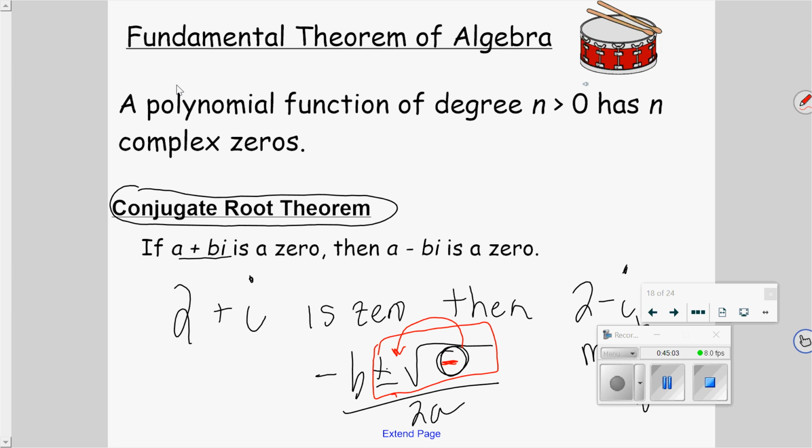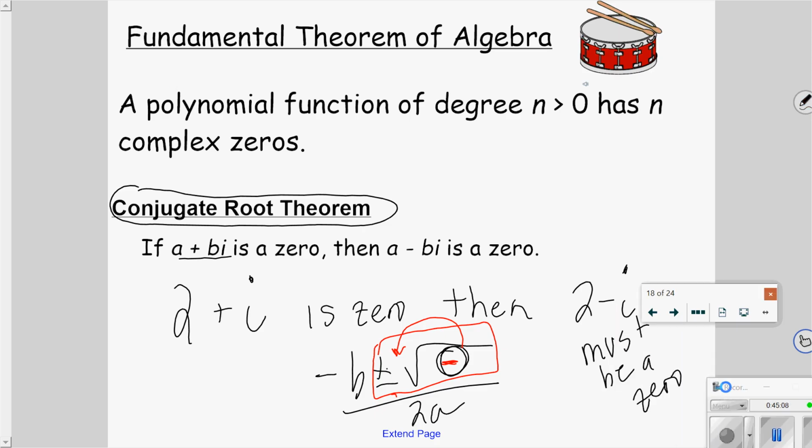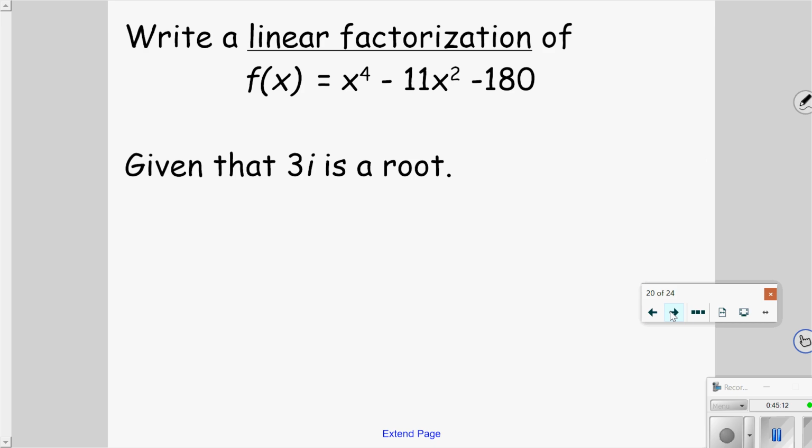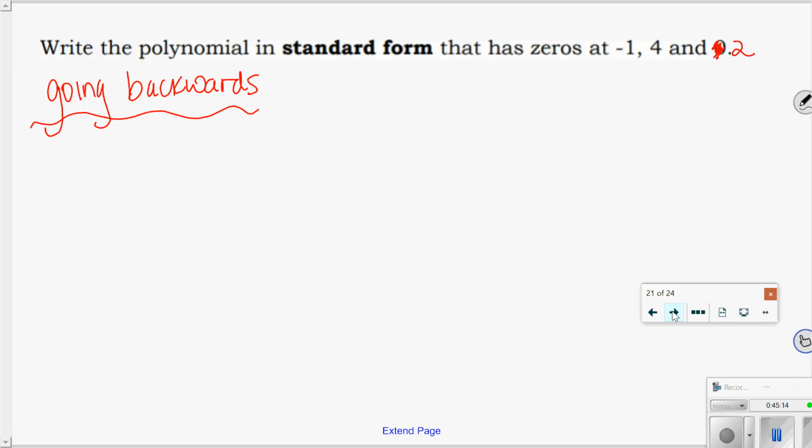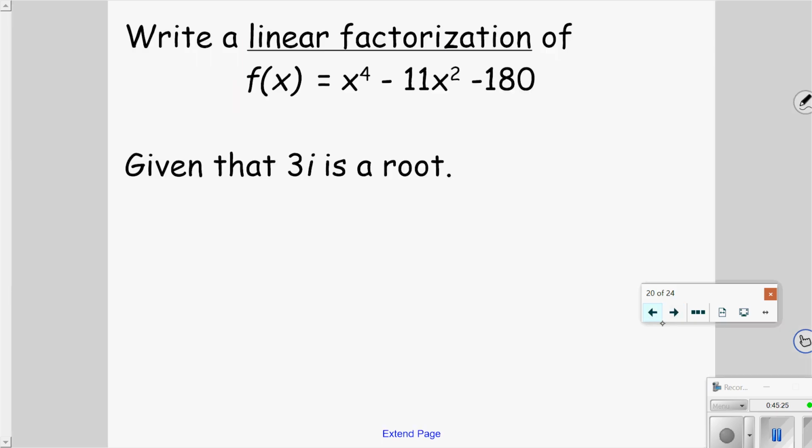So before lunch, we chatted that the complex numbers always come in pairs. So what we're going to do is go backwards. The first one doesn't have any i's in it. Guys, phones away. What I am giving you is the zeros.